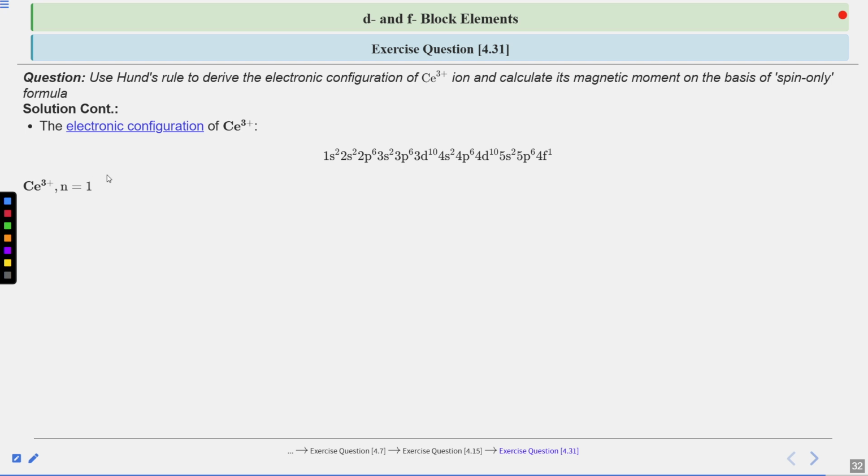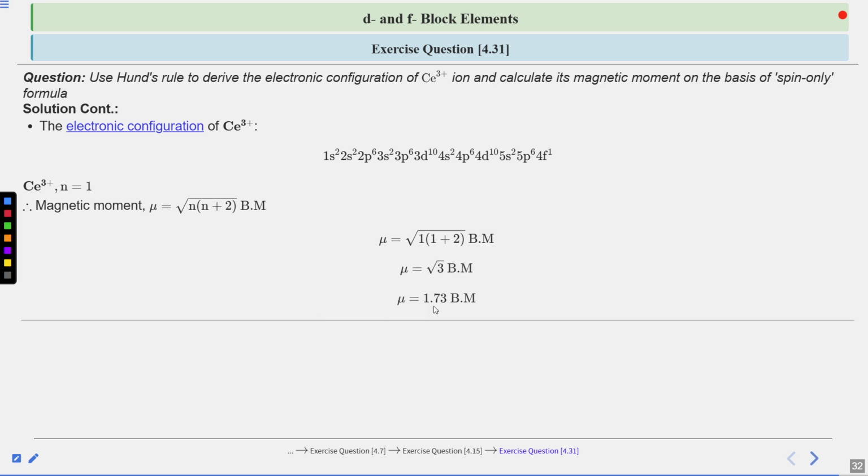So the n value is 1. The magnetic moment therefore will be under root n into n plus 2 Bohr magneton. We put n equal to 1, so mu will be under root 1 times 1 plus 2. 1 plus 2 is 3, 3 times 1 is 3. So mu will be under root 3 Bohr magneton, or mu will be 1.73 Bohr magneton after calculating the under root 3 value.